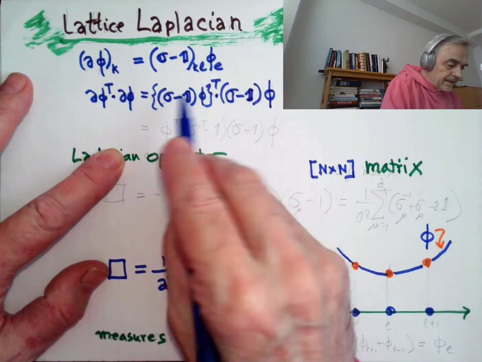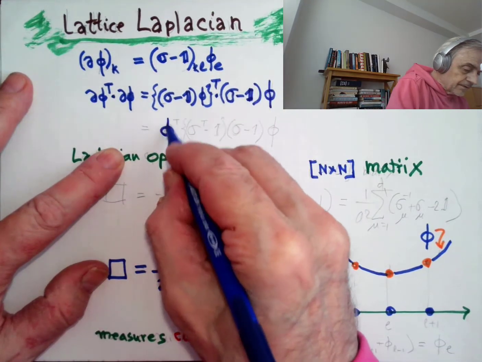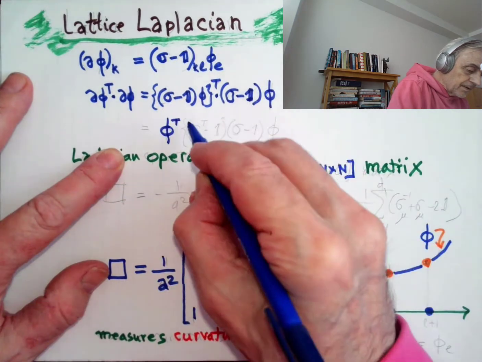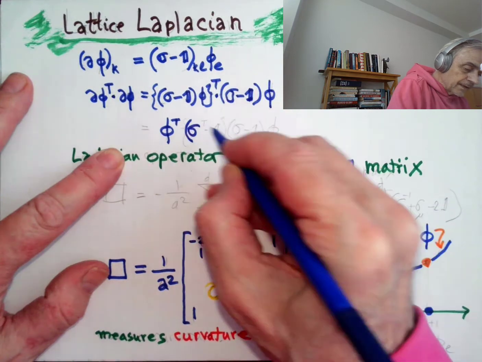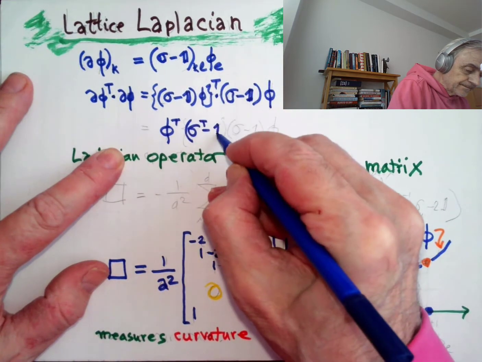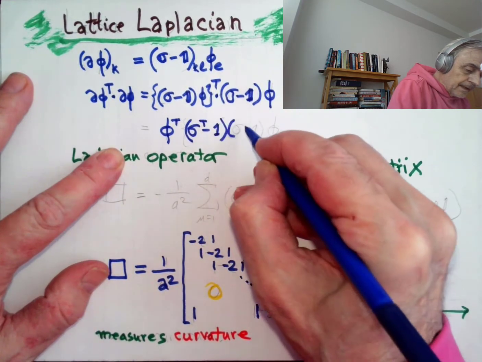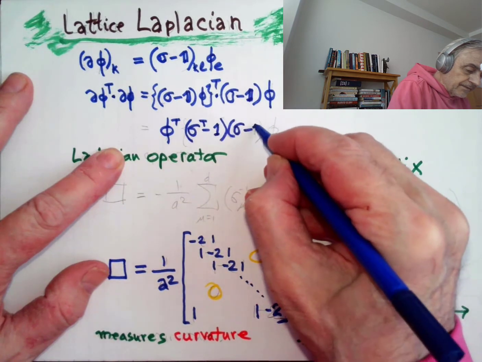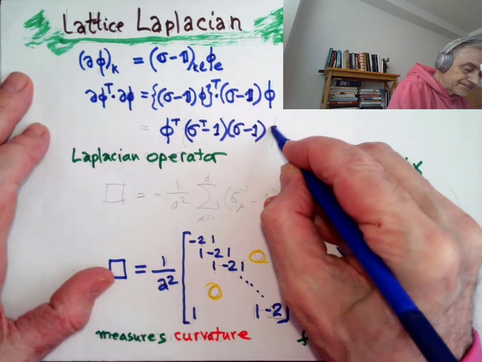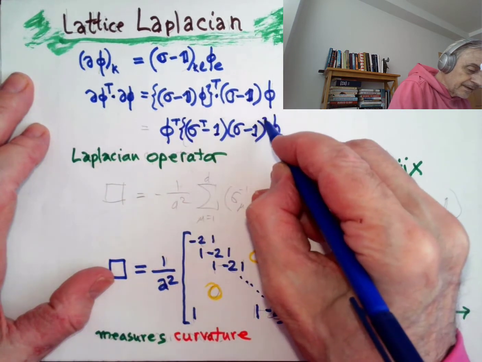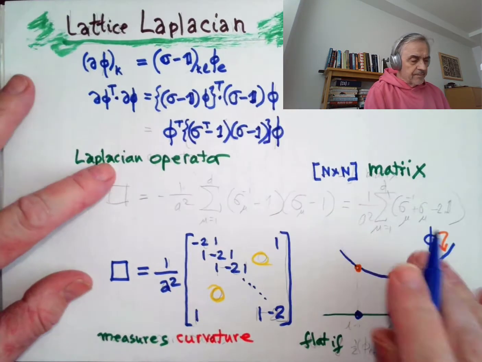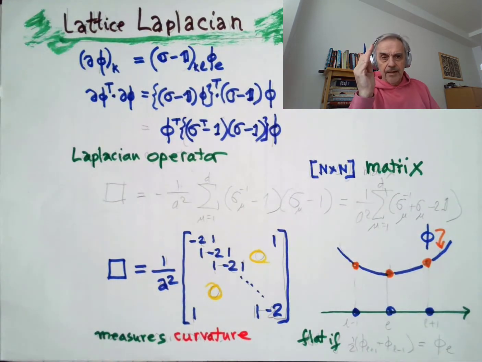Now I can take a transpose, so I can make this phi transpose. And then I have a transpose of this matrix times matrix itself, phi. So that's a matrix, and it's sandwiched between the vector phi and the transpose of the vector phi.